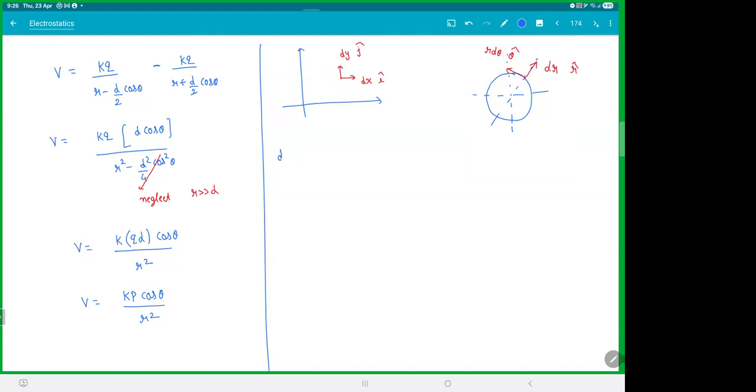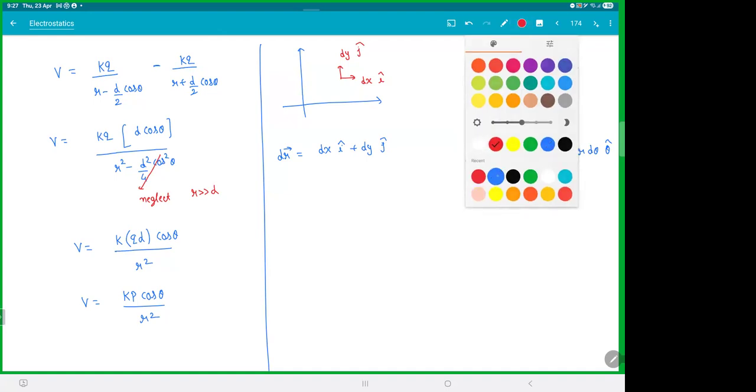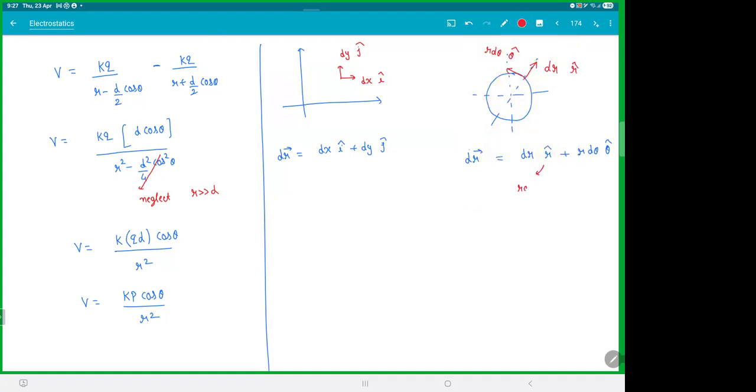So if someone asks you to write a vector here, in Cartesian it would be dx i cap, dy j cap. This is in polar coordinates. We had this discussion in circular motion. Here, if you want to write a vector dr bar, this is dr r cap, that's your radial direction, plus r d theta theta cap. You don't need to know this, just an idea there. So r cap means radial direction away from the center. Theta cap means tangential direction.